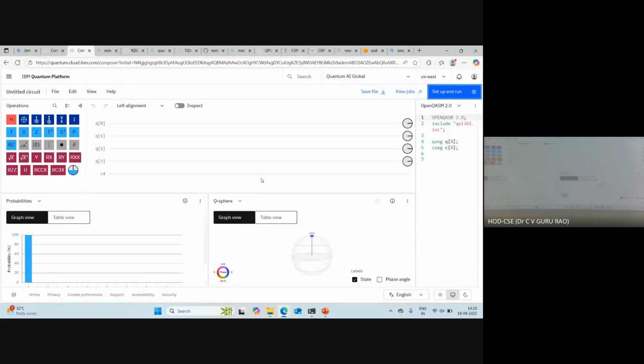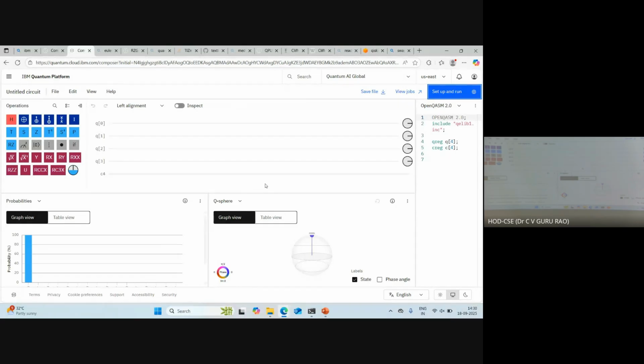Once you run your circuit, that time you will be requiring your email ID. It will ask for the registration if you have not done it. So, let's see how this composer looks like.